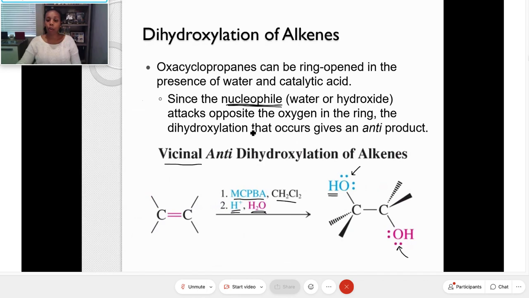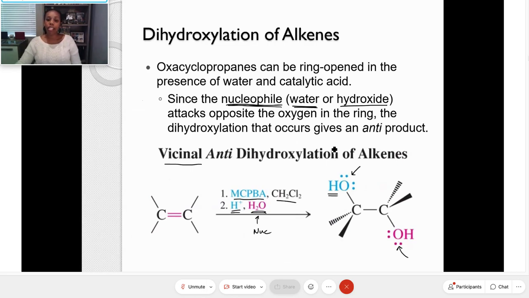You've seen that before. Before, we've used an oxycyclopropane being ring opened by a Grignard. You've seen that, Grignard as the nucleophile. But we could use water as the nucleophile. So here, water is the nucleophile.